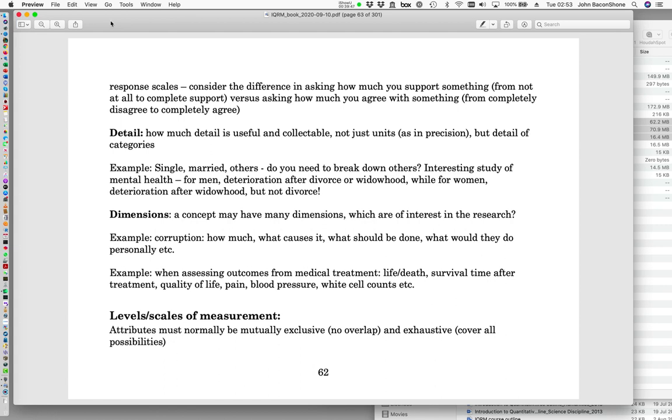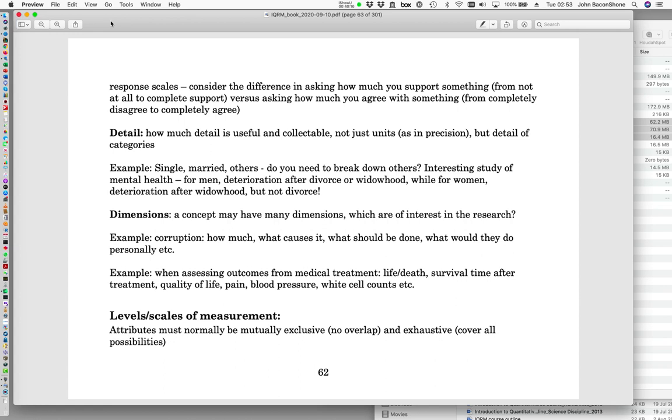And they looked at women when they were widowed, their mental health generally got worse. But when they looked at divorce, for mental health of men, their mental health generally got worse after divorce. But the mental health of women generally improved after divorce. So you can see that in some situations, the distinction between divorce and widowhood may be very important.